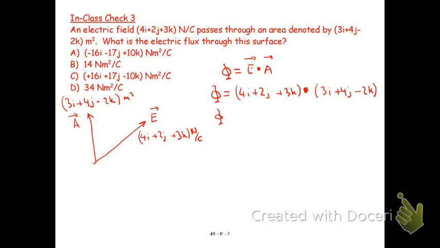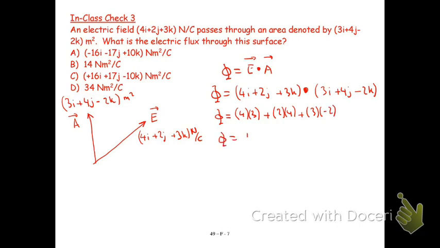Can you remember what you do for dot products? What do we do? Do you do the matrix? No. You just multiply the coefficients together. You multiply like by like. So it's 4 times 3 added to 2 times 4 added to 3 times minus 2.